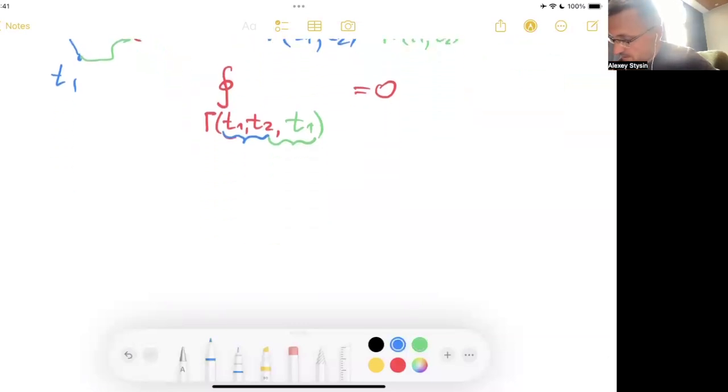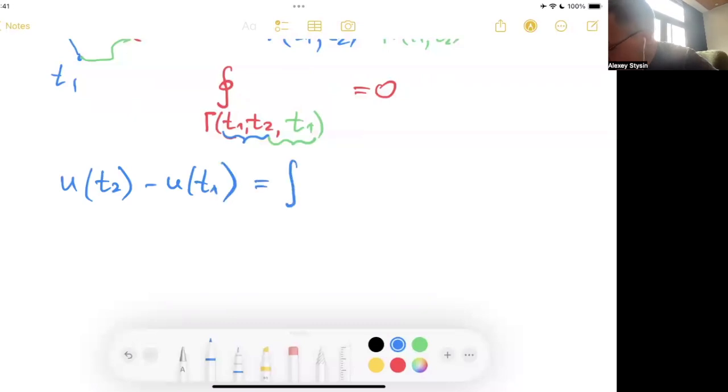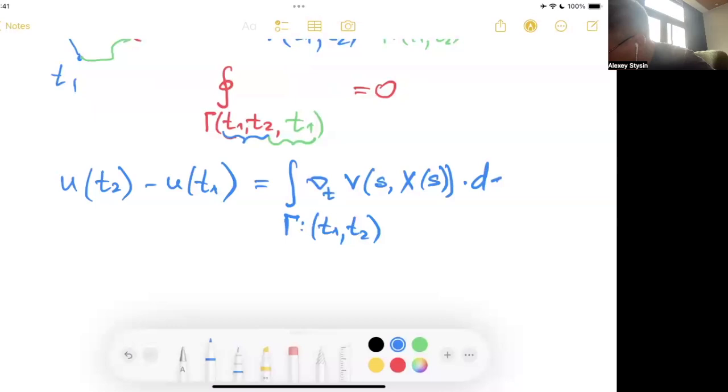So we can also write it as u of t2 minus u of t1 is the integral over the curve gamma that goes from t1 to t2 of this gradient in t of v of s, x of s ds along any curve. So any curve would work here.